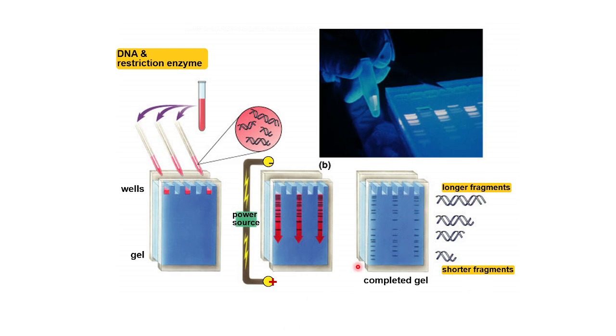Then when you look at it under a UV transilluminator, you can see glowing bands, and from there you can tell whether the restriction digestion has successfully occurred or not.